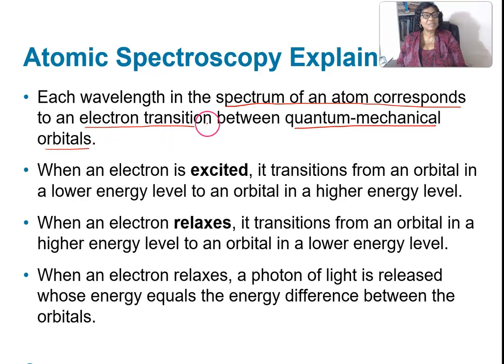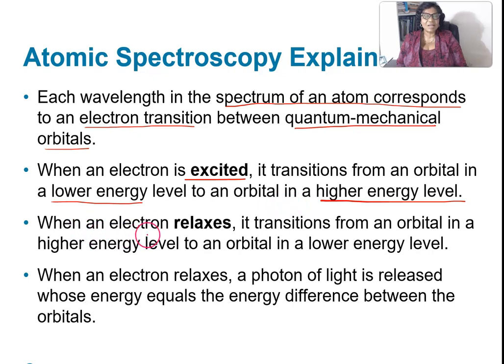When an electron is excited, it transitions from an orbital in a lower energy level to an orbital in a higher energy level, because it has absorbed energy. So when it absorbs energy, it goes from a lower energy level to a higher energy level.